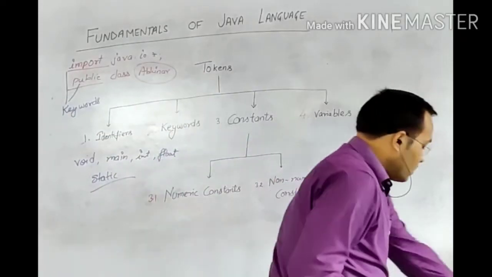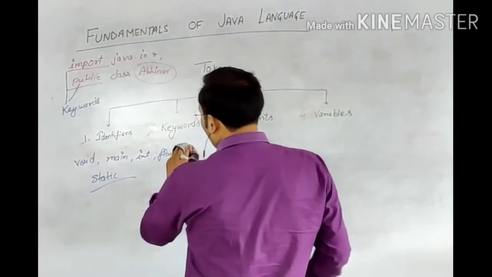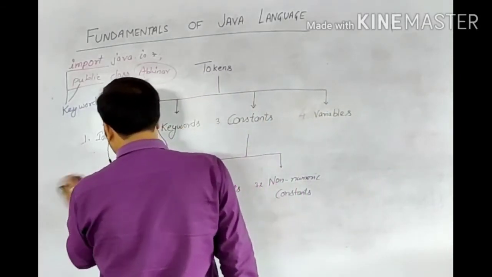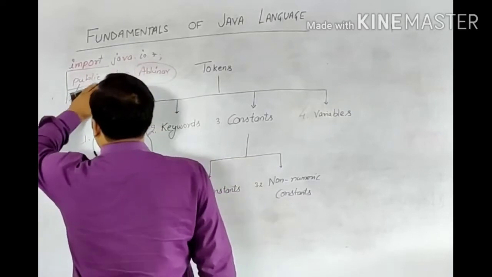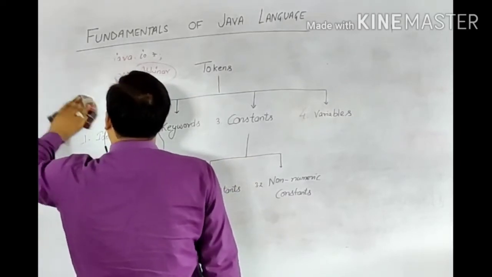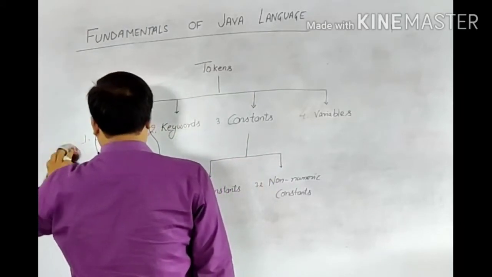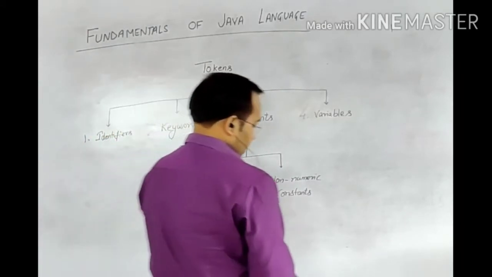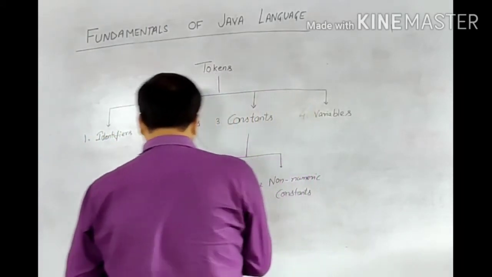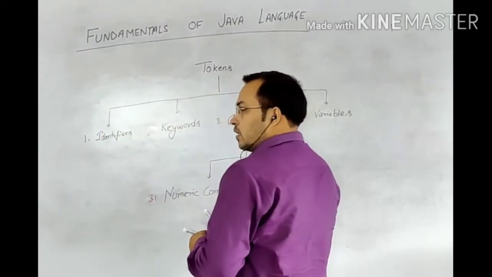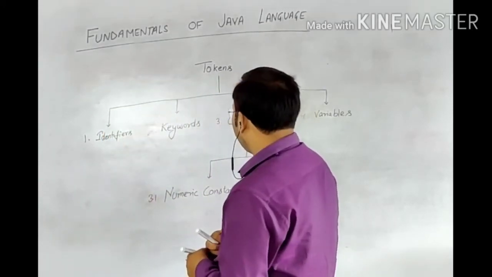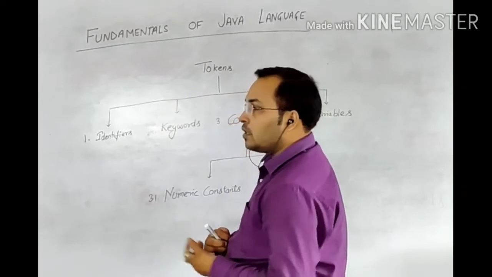Now the next one is constant. I think you have heard about constants because you are all mathematics students, and constant is a common term which we use in mathematics. Constant means something whose value cannot be changed throughout the program or throughout the question.